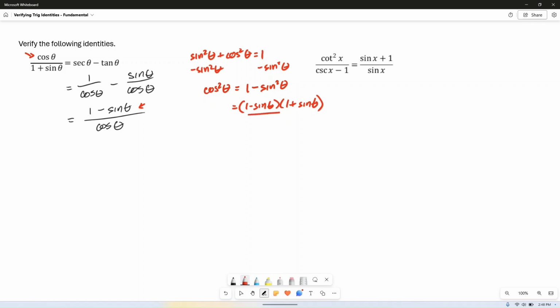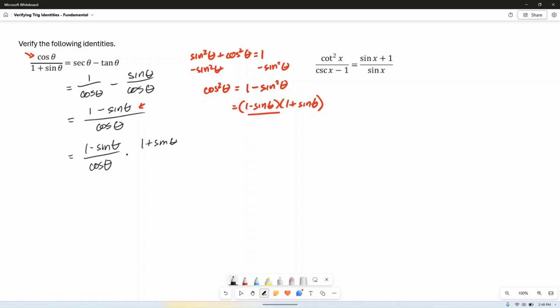So in order to go from a 1 minus sine of theta to a 1 minus sine squared, I need to multiply by a 1 plus sine of theta. So I'm going to go ahead and do that to my fraction here. So I have 1 minus sine theta over cosine of theta times, so I need to multiply a 1 plus sine theta in the numerator.